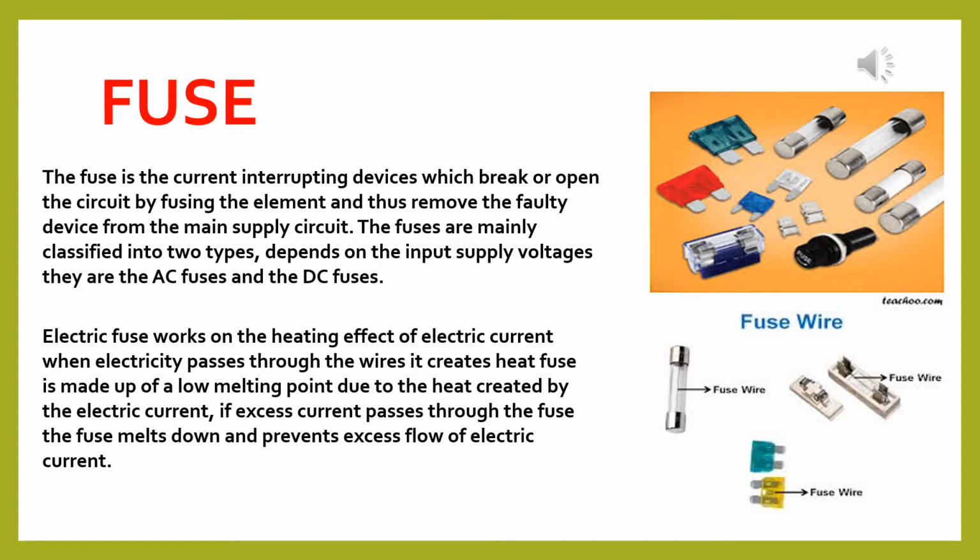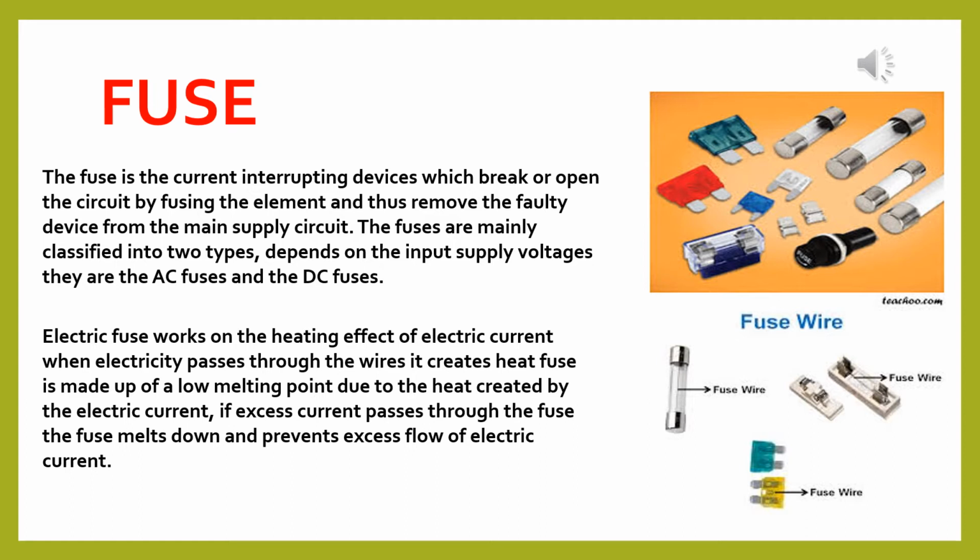The fuse wire is connected between two metallic terminals in a porcelain holder. This holder just fits into a porcelain socket fixed on the board. This socket is connected to the live wire of the circuit. When the holder is fixed in the socket, the fuse wire completes the circuit by joining the live wires.